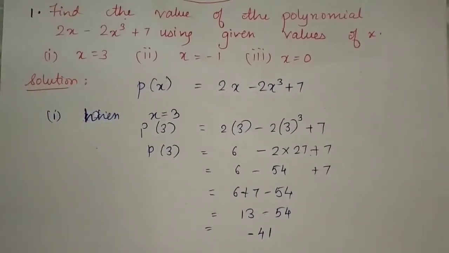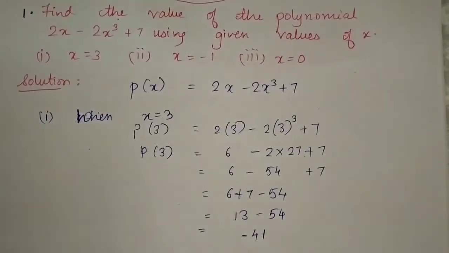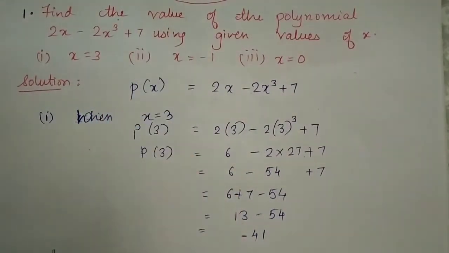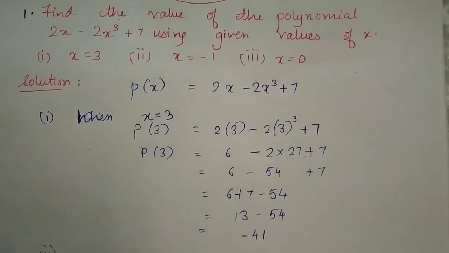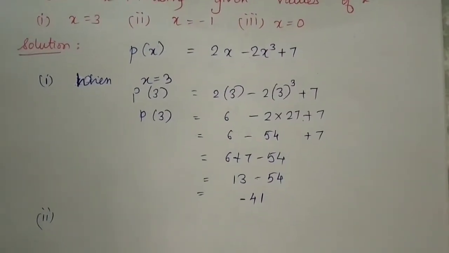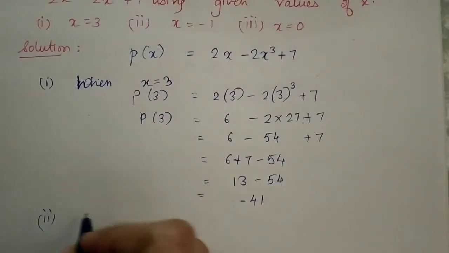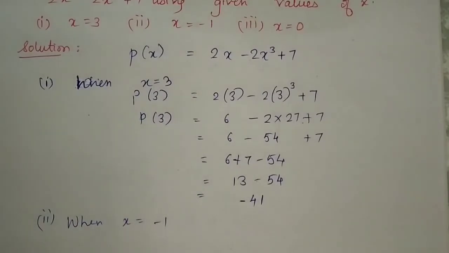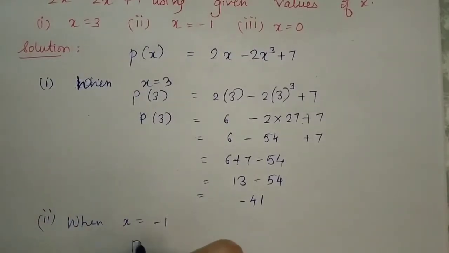Okay. Now how will you find out p of minus 1? Now we have been given the second value. So now I'll solve using when x is equal to minus 1. Now when x is equal to minus 1, what will happen to my polynomial?